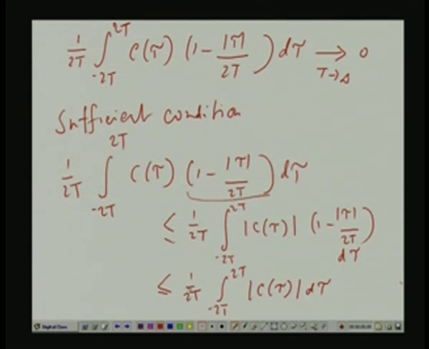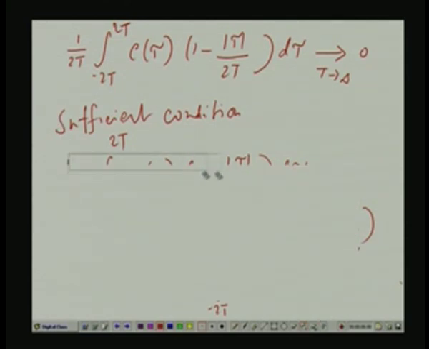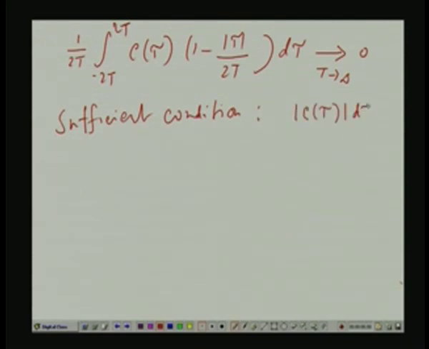There is another condition which is, according to me, more useful, another equivalent condition. This condition was that 1 by 2 T times the integral should tend to 0 as T tends to infinity.